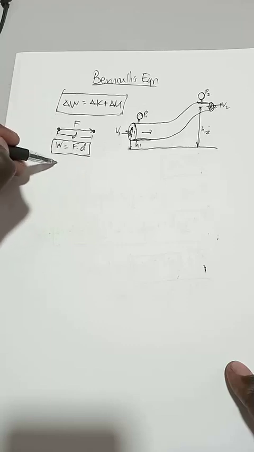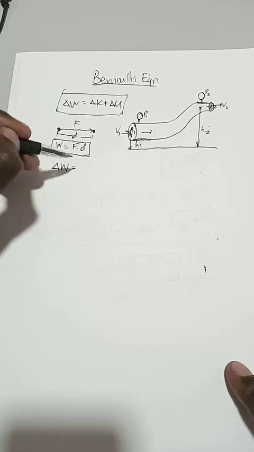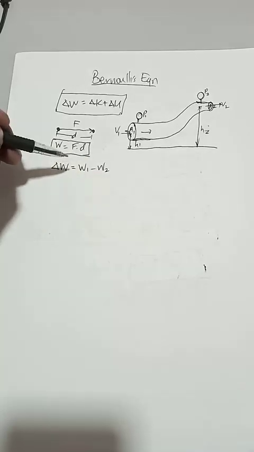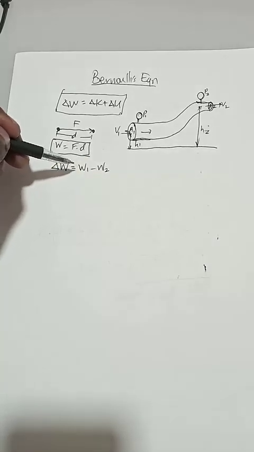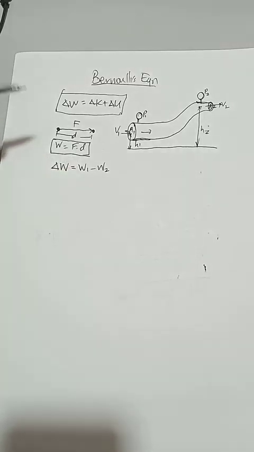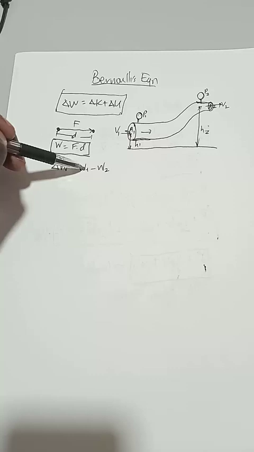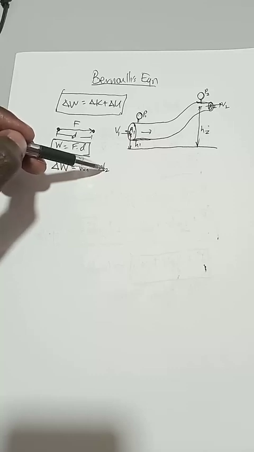So delta work done is equal to work done 1 minus work done 2. When you talk about a change in work done, kinetic energy or velocity, you mean final minus initial, but here it is initial minus work done 2.